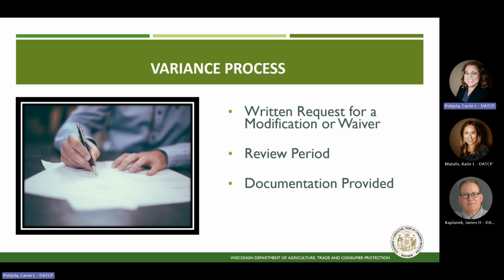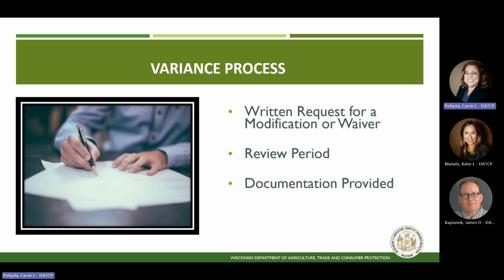A local inspector shall review the request and forward it to the department, which is us, with recommendations for approval or disapproval. On receipt of a complete variance request as specified in this section, and that will be covered in the next slide, the department shall review the request and grant or deny the request in writing within 30 working days.